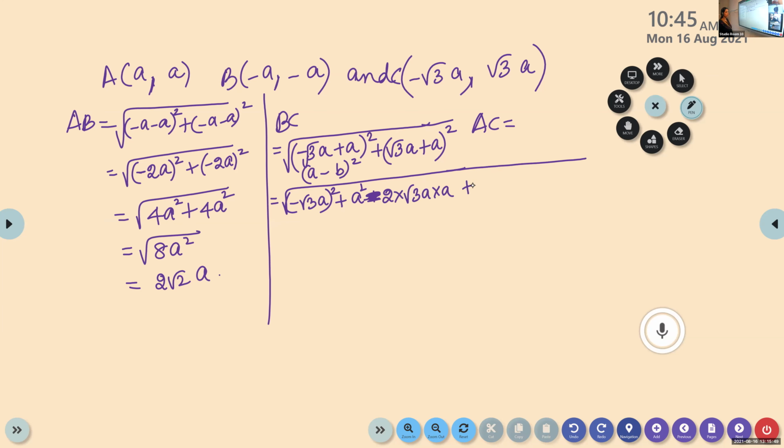Plus, for the second term, it takes the form a plus b the whole square: a square plus b square plus 2ab, 2 into root 3a into a, plus a square. Is it okay? Is it clear, Hein Steve?